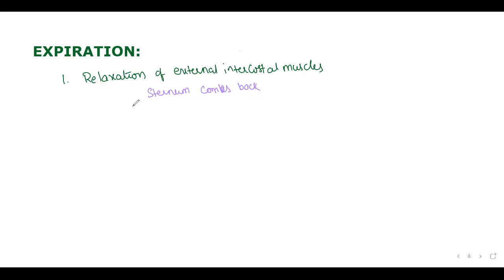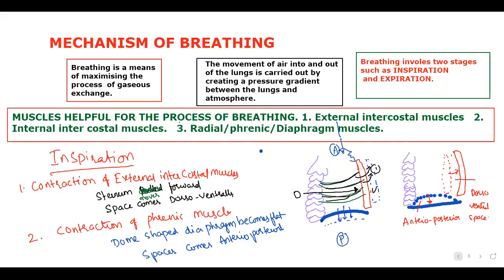Then next, let's write here. Relaxation of one more, who is that? Diaphragm. Relaxation of phrenic muscle, or diaphragm muscle. They get relaxed. So what happens? What we wrote there, the opposite you have to write.